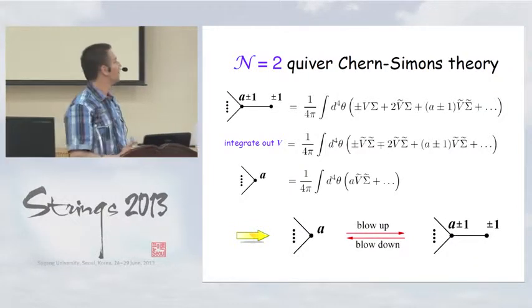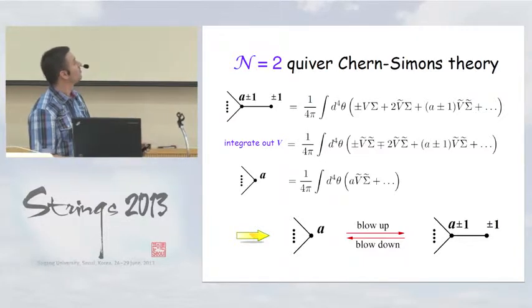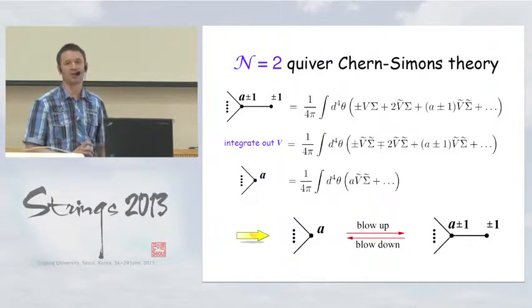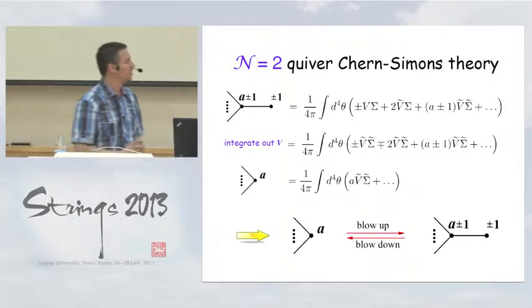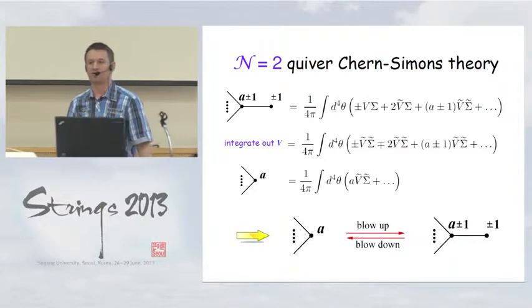So if you read this, it basically says that the diagrams associated to such quiver Chern-Simons theory of this form and this form should be equivalent. I just related them by integrating out a multiplet. And if you followed what I just said in the last 2 minutes, you learned about a Kirby move.